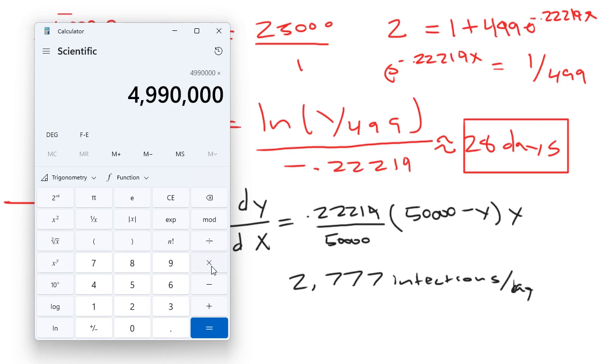And then this is multiplied by 0.22214, and then this is divided by the 50,000. So it's saying that it spreads at a rate of near 23 people per day. So we went from 23 people per day to 2,777, nearly 3,000, in 28 days, actually.